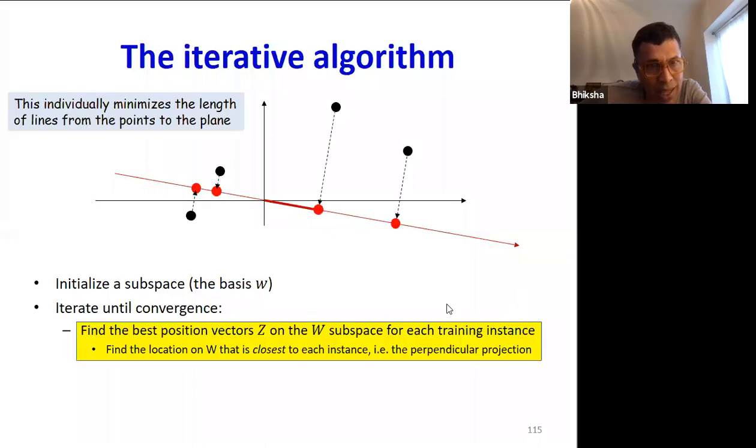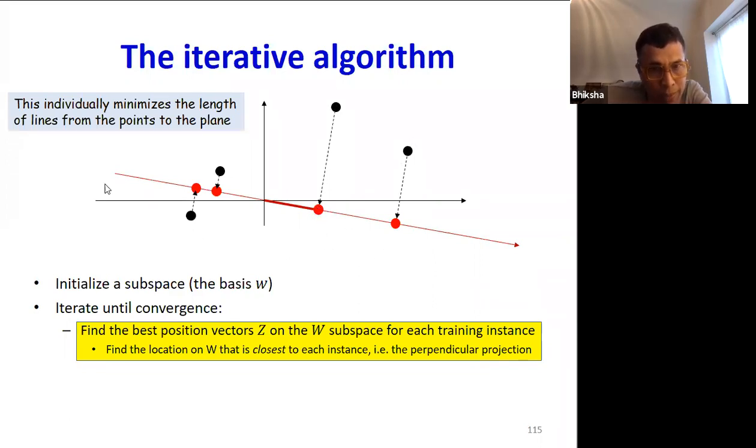Then I'm going to project every data point down onto this red line. So this black vector is going to be approximated by this red dot, and so on.